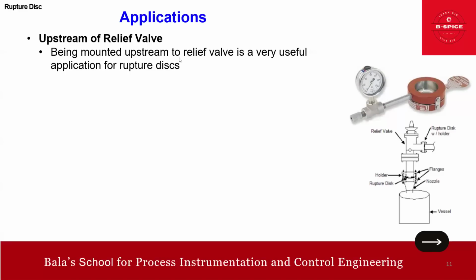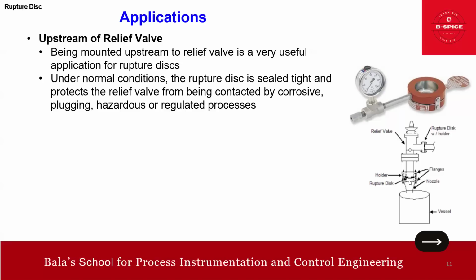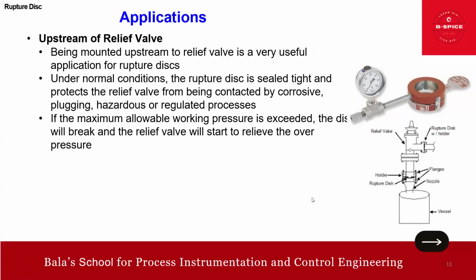Being mounted upstream of the relief valve is a very useful application for the rupture disc. Under normal conditions, it is sealed tight and protects the relief valve from contact with the corrosive nature of the medium, from plugging, and from hazardous or regulated processes. If the maximum allowable working pressure is exceeded, the disc will break and the relief valve will start to relieve the pressure.